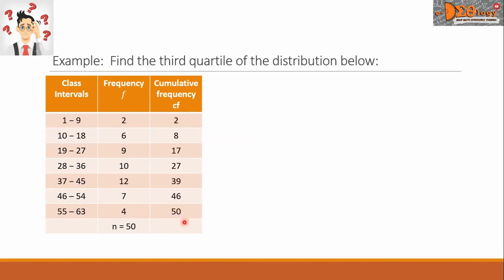The terms are here. This number 2 is copied from the frequency of the first class. So 2 plus 6 equals 8.